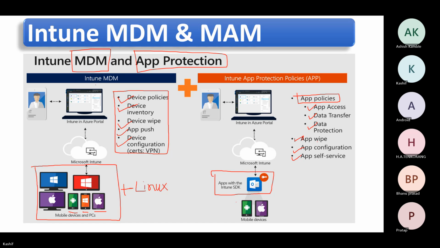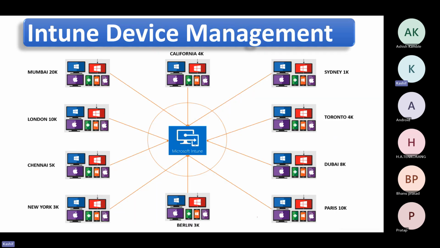Now let's assume that you have a big company and the headquarters of that company is in New York, for example. New York has 3,000 devices. That is your headquarters.